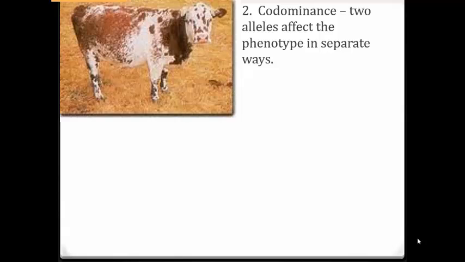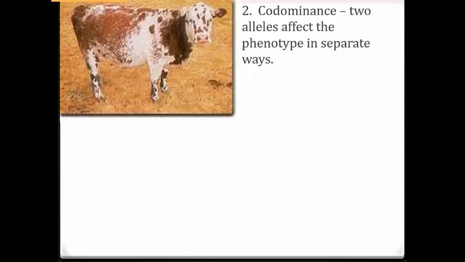So when we have codominance, now we're going to have three possible color choices or three possible alleles. All right. This particular type of color on this cattle is an example of codominance.